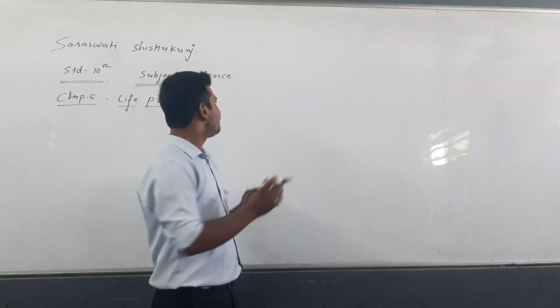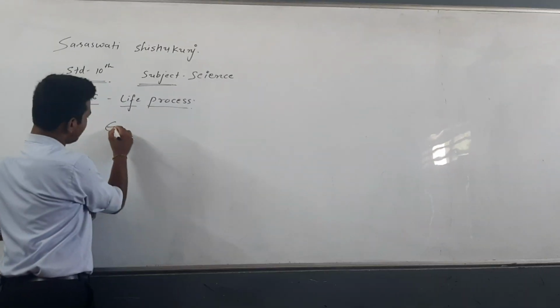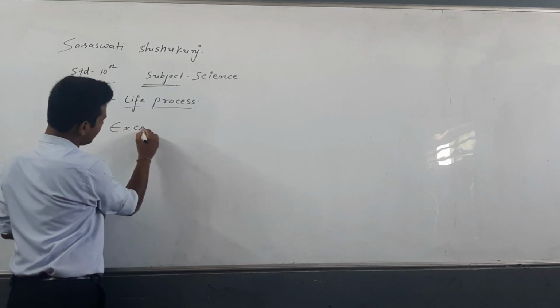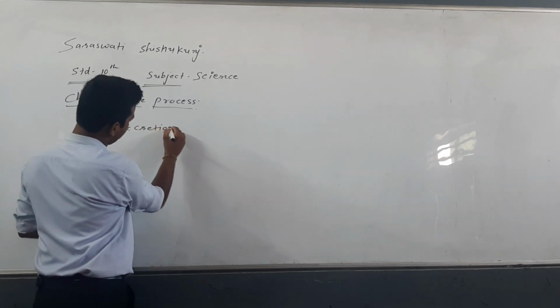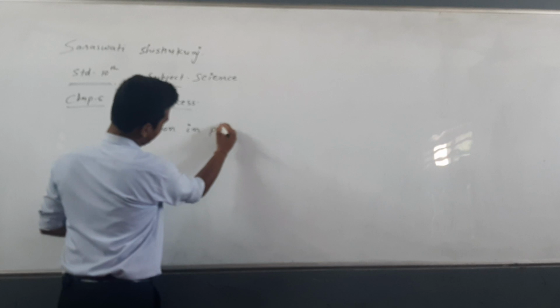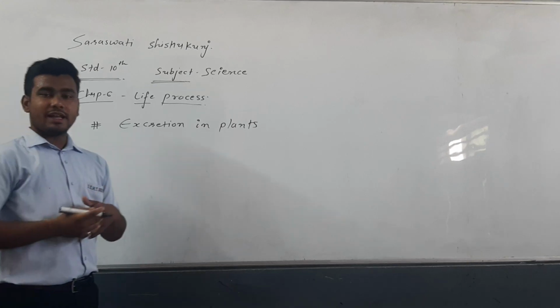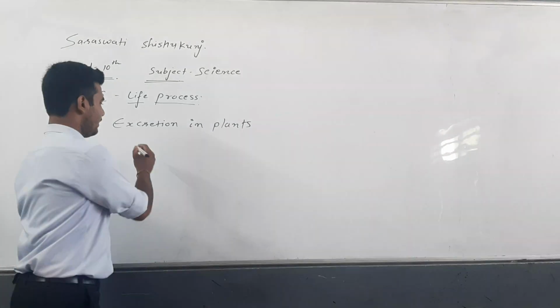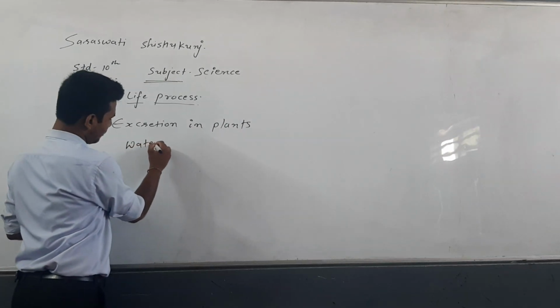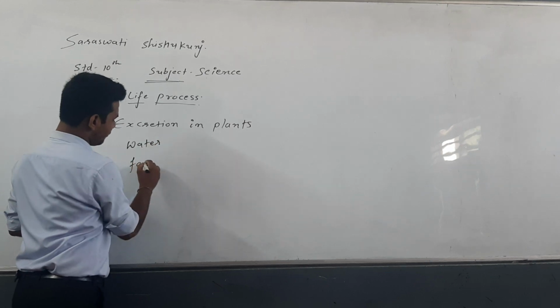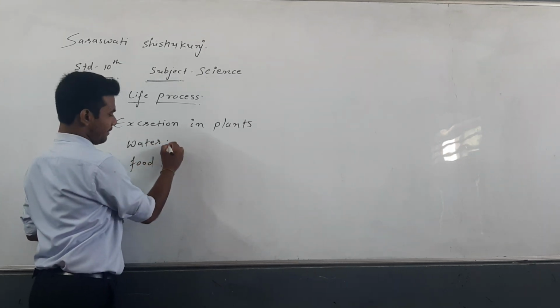As we know, the supply of water and the supply of food is done by different systems in plants.